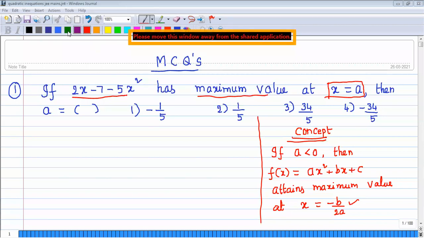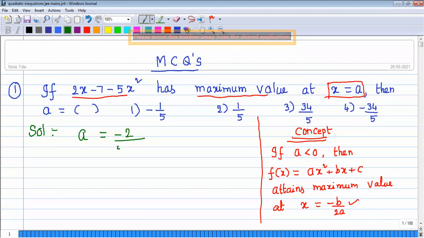So now let us proceed for the solution. Here a equals minus b, means coefficient of x, that is negative 2, upon 2 multiplied with the coefficient of x square, which is negative 5. So negative sign both will cancel.